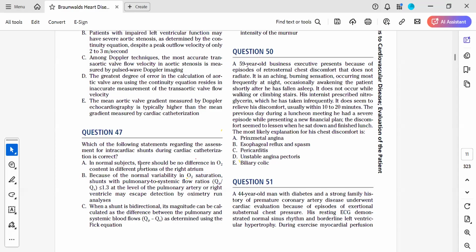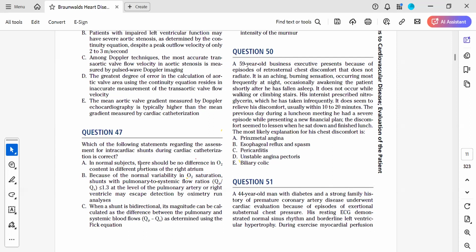It has been found that if the QP/QS is less than 1.3, you can actually miss such shunts, even from cardiac catheterization, if they are not significant. So option B is true.